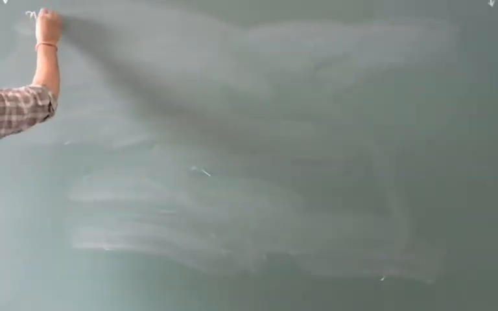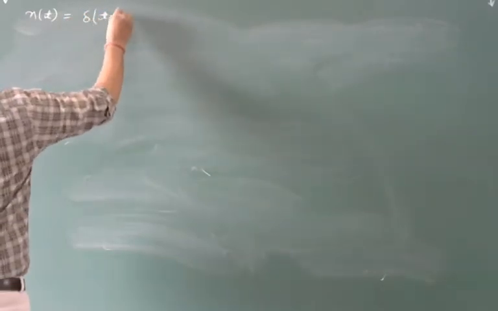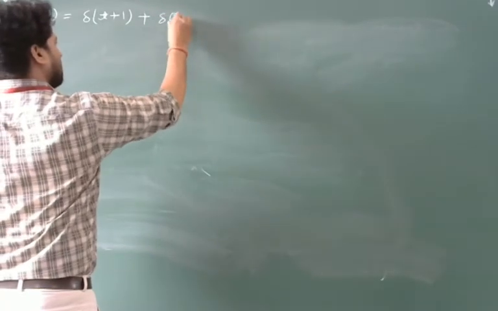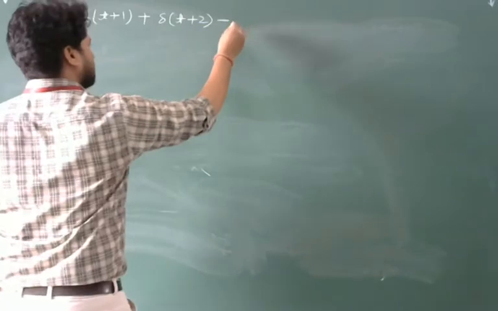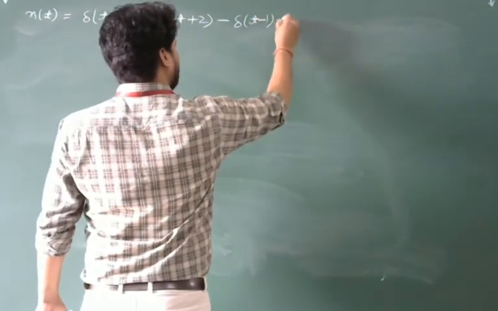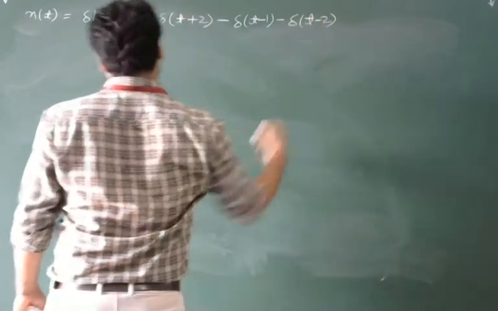Consider the signal x(t) as x(t) is equal to δ(t+1) + δ(t+2) − δ(t−1) − δ(t−2).